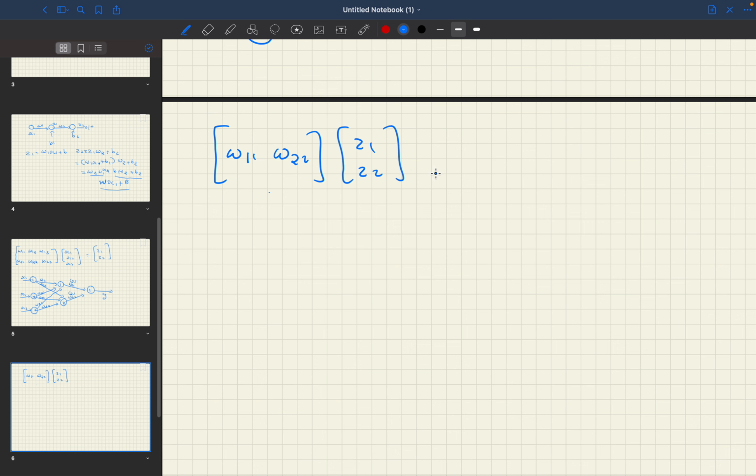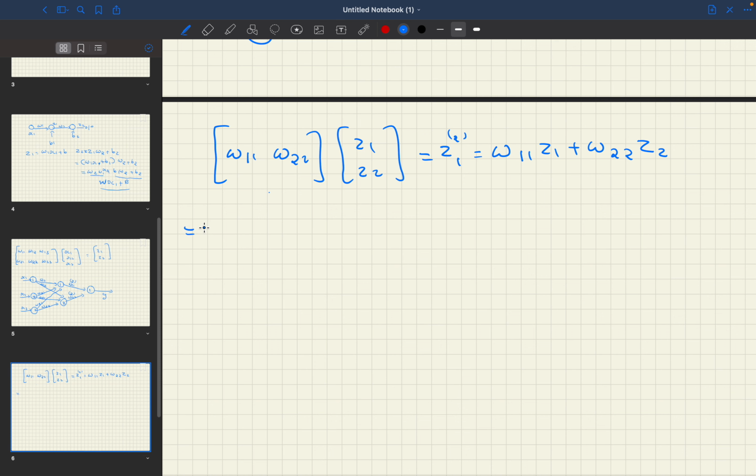Then we will have an output like Z1 of the second layer. This we can rewrite as W11 into Z1, right? Plus W22 into Z2. Okay.